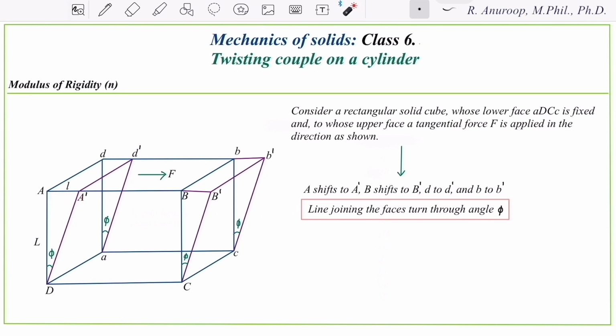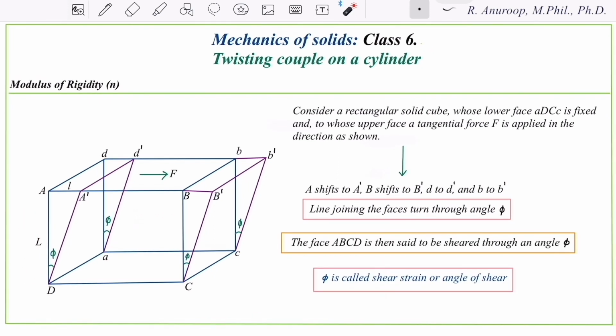Since A changes to A dash and D is fixed, there is an angle ADA dash that is called phi, and this phi is called shear strain or angle of shear.